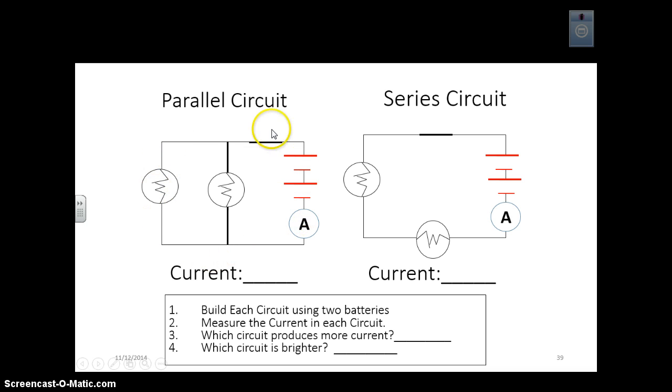The charge has a choice. And in the next lecture, I'm going to show you the difference between these 2. We'll figure out the brightness between the 2. Which one has more current? Which circuit is brighter? Which lights are brighter? So you can kind of make a prediction now. But I'm going to stop it and then on the next set of slides talk about it.